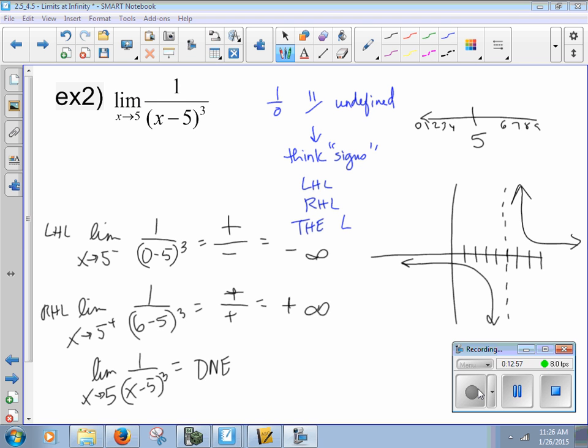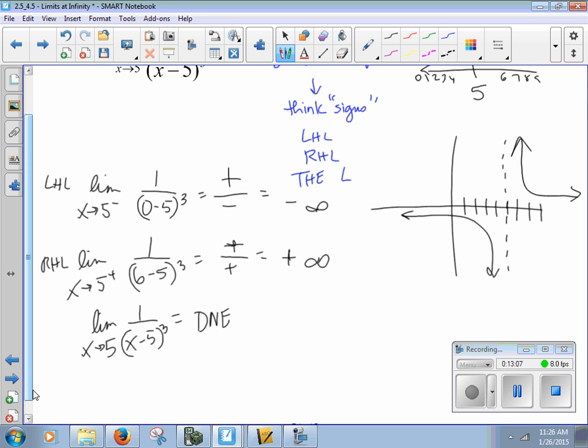So what's happened? It's just getting worse. Look at that. Doesn't it have a vertical asymptote at x equals 5? So the limit is D&E.